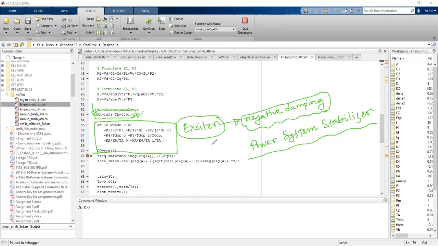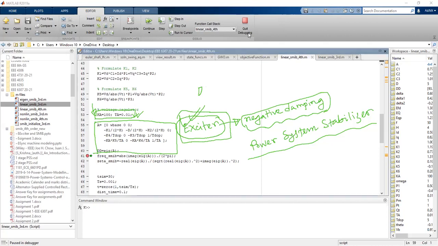So that's it for today. What we have done today is we started with the exciter block simplification. We did the simplification for the DC1A type. After we simplified DC1A, we linearized it.